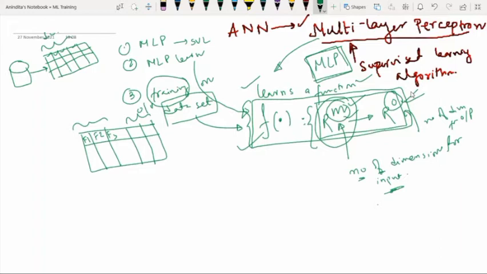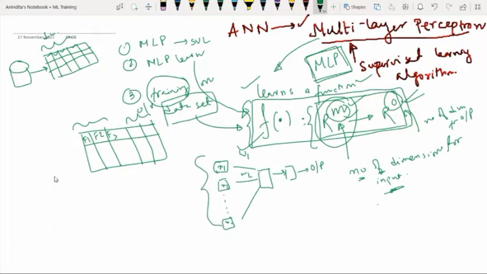Now let's talk about some more details. Whenever we are talking about an artificial neural network, I have already explained that we will have some inputs like this. They are connected via weights, and then we will perform two-step processing, and then we will get the output. Now let's discuss what these inputs are.